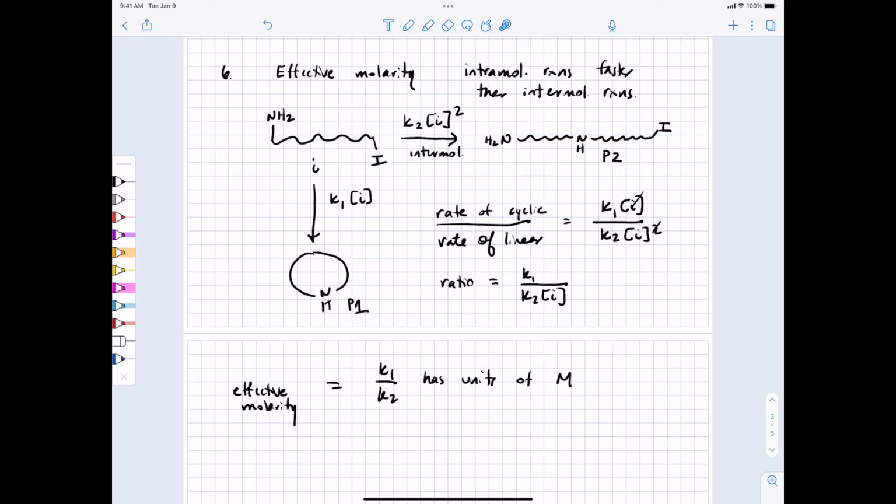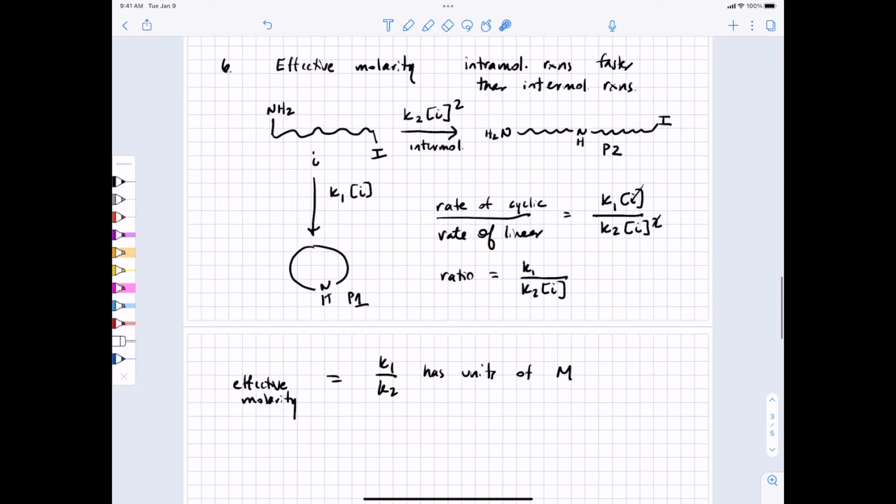And this makes some amount of sense. You can actually probably calculate it theoretically if you have the distance between these two groups and the volume traced out by that molecule. Those two things are constrained to be within that volume, and that is a higher effective concentration than if they're just free in solution. So you'll hear people talk about that.